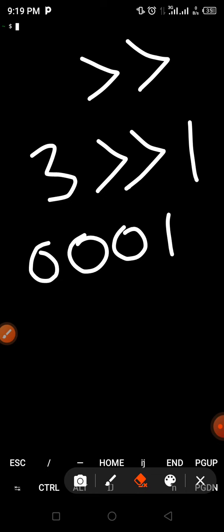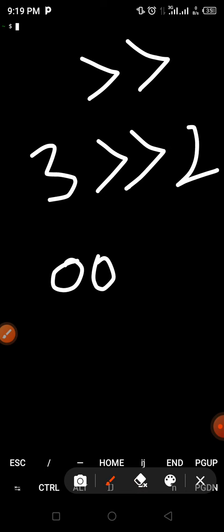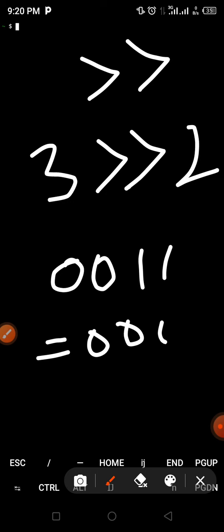So it's just like the opposite of the other one. If, for instance, we shift it twice, and we have 0, 0, 1, 1, and shift twice, we're going to end up having 0, 0, 0, 0. See, nothing is there because it has been shifted twice to the right hand side.